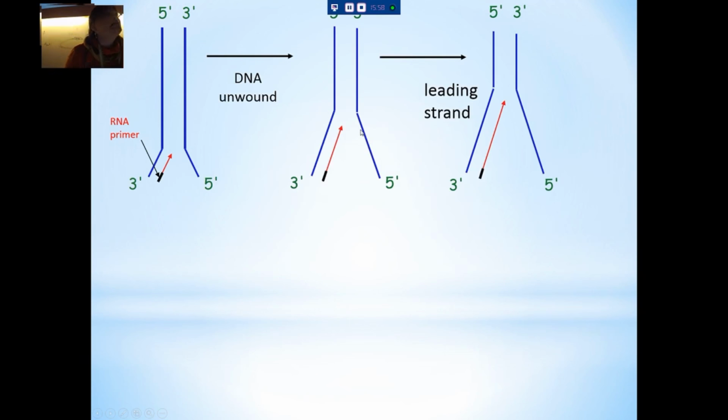Yes, Sam? Why would you use RNA? Because no DNA polymerase works by initiating DNA synthesis without having a free 3' hydroxyl group to attach a phosphate, the phosphate from a free deoxynucleotide.